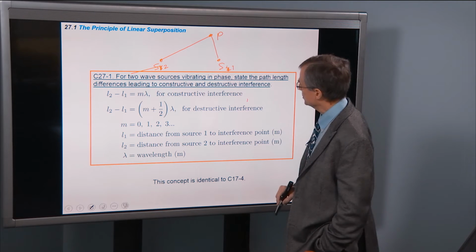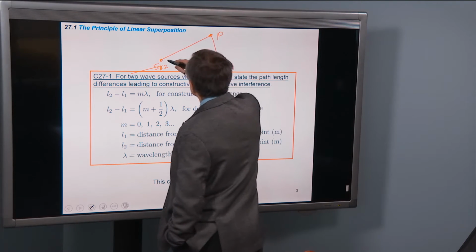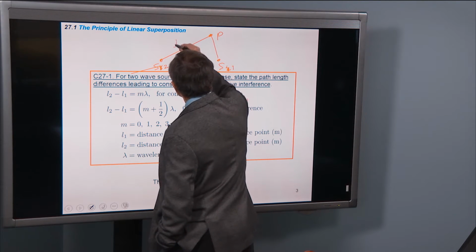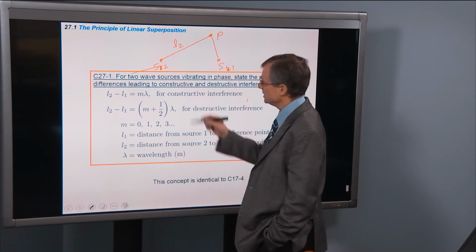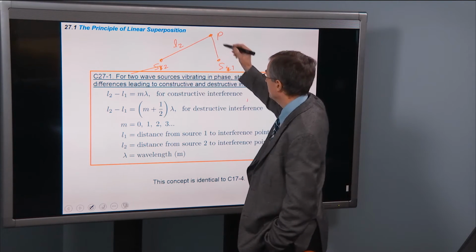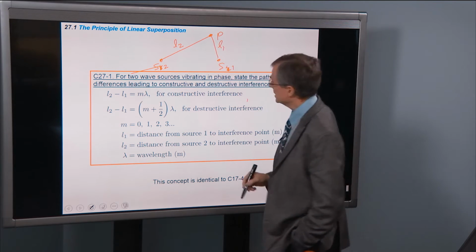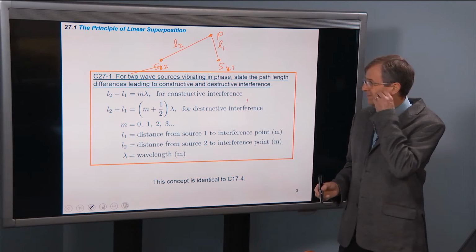So let me call that S2 and S1. Then this distance L2 is the distance between source 2 and point P. L1 is the distance between source 1 and point P.